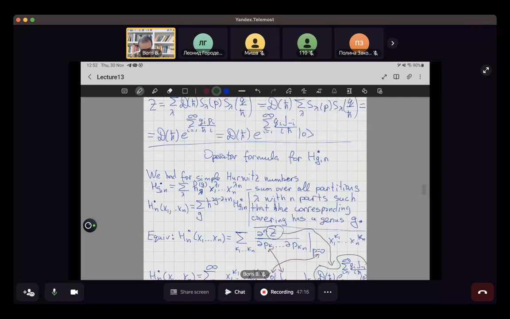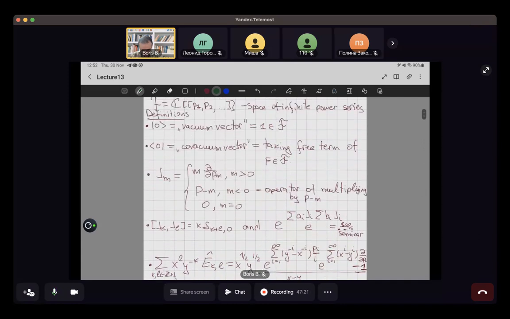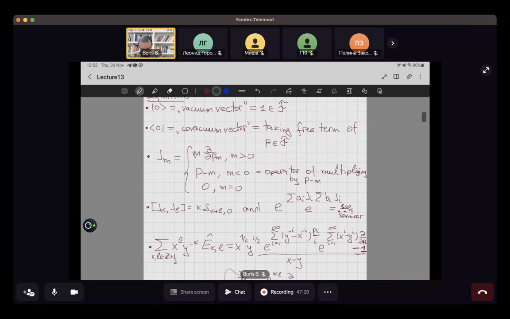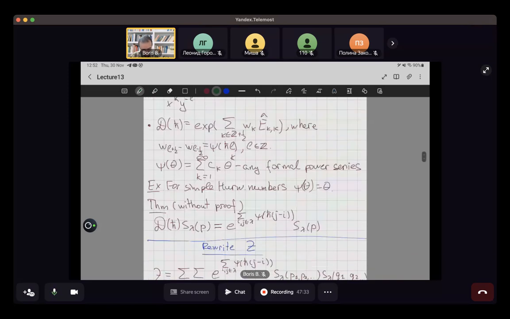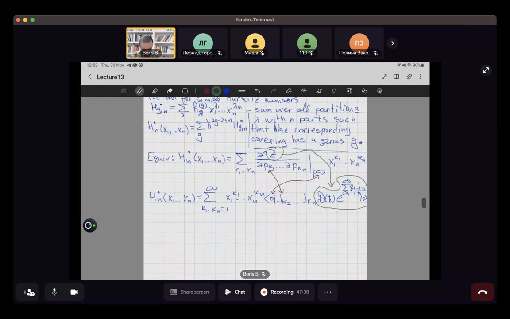But actually the mistake is that if you look at the definition of J, in the definition of J there was also a multiplication by m: Jm was m times d over dpm. So I had Jm equal to m d over dpm, so I should divide all these by k1, etc., kn.